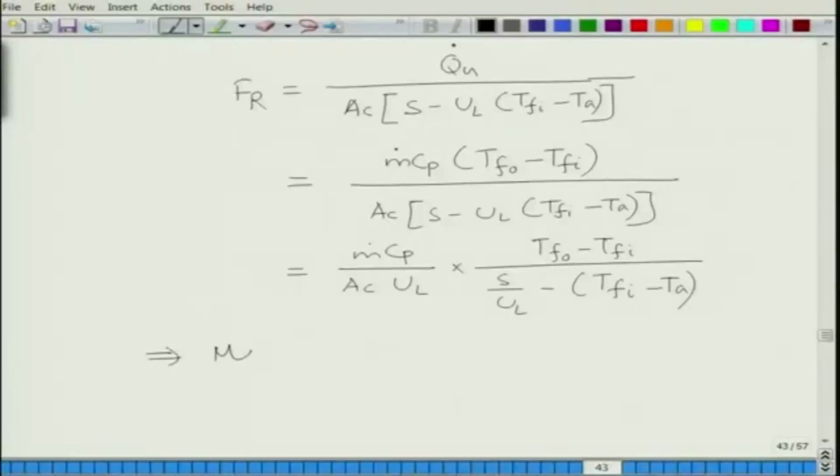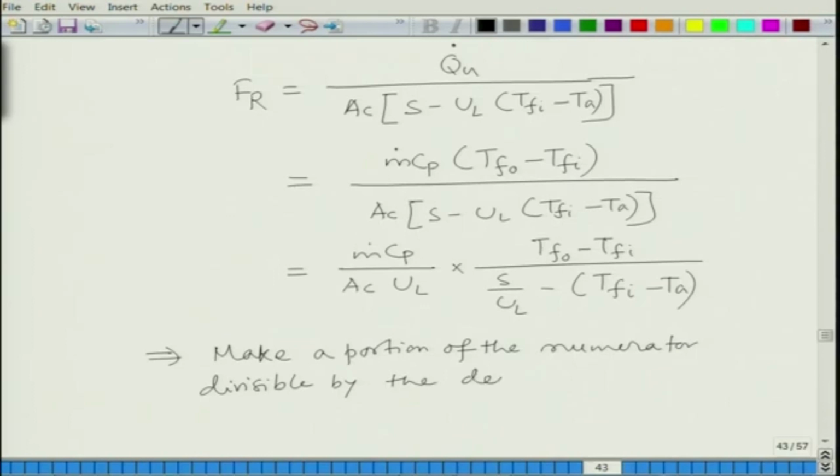So, the goal is to make a portion of the numerator divisible by the denominator. Why we are doing it will be very apparent when we do it.